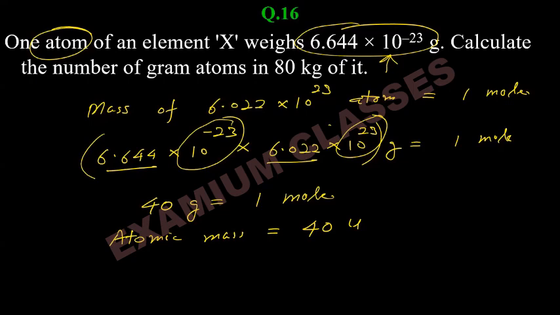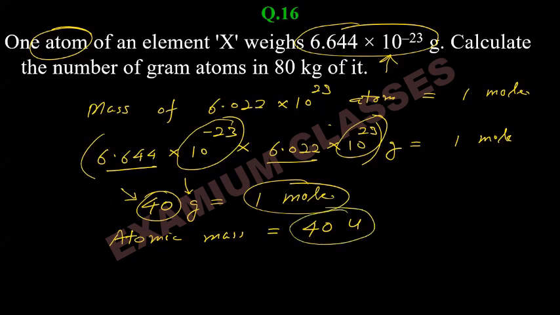If 1 mole is equal to 40 grams, and we say that 1 mole is equal to atomic mass represented in grams, it means atomic mass is 40 U. Now, if you know the atomic mass, you can calculate how many moles will be there in 80 kilograms, because number of moles, in this case gram atoms, okay?